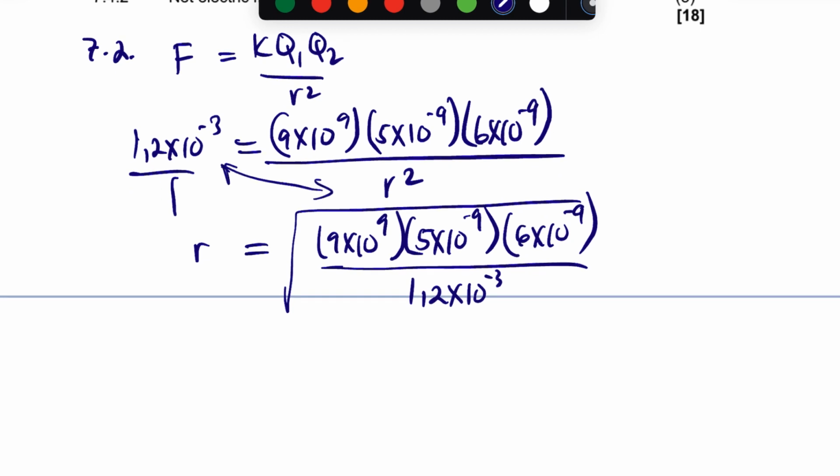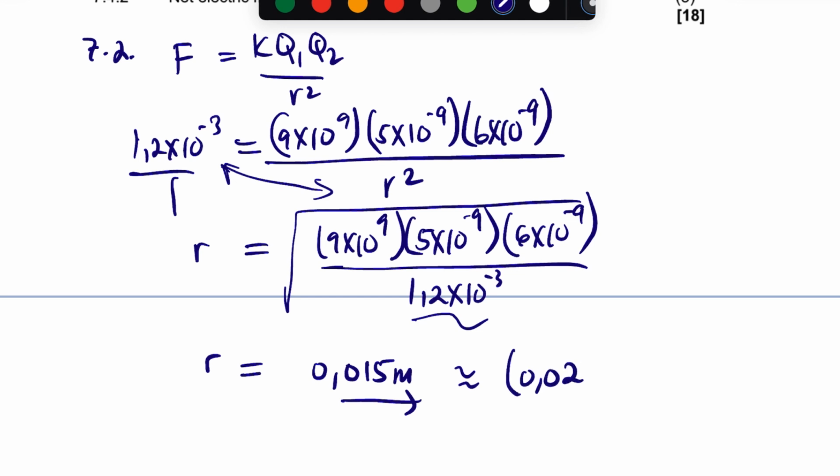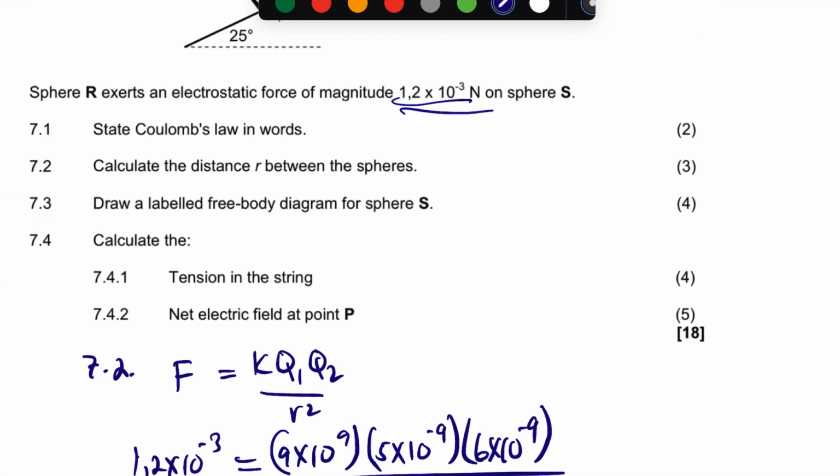When we cross multiply, we're going to have this and this, and then we divide by this, and then we put the square root. So the answer that we're going to have there is 0.015 meter, right? That's the answer that we have, or you can round off that into 0.02 meter, right? The answer can be accepted there as well.